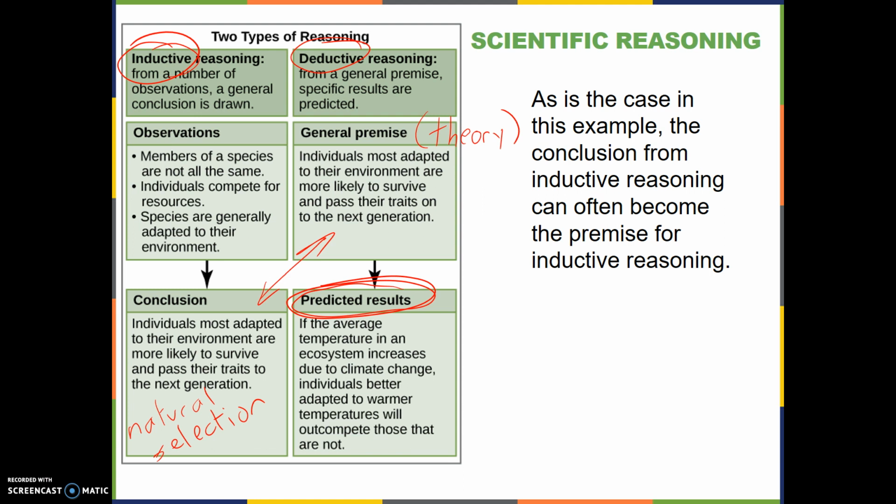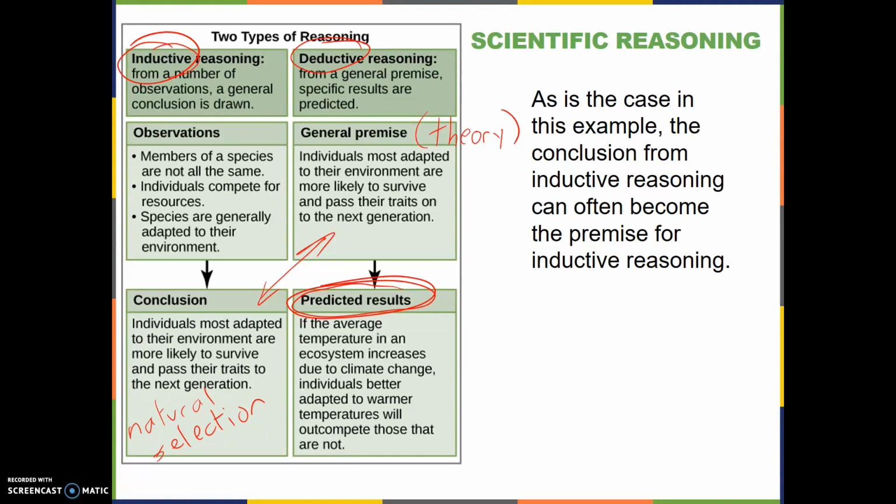The species that were more adapted to the higher temperature would be the ones to outcompete and survive over the ones that weren't as able to adapt, that didn't have characteristics to where they could survive the higher temperatures. So anyway, this is just one example of inductive and deductive reasoning, or two examples.